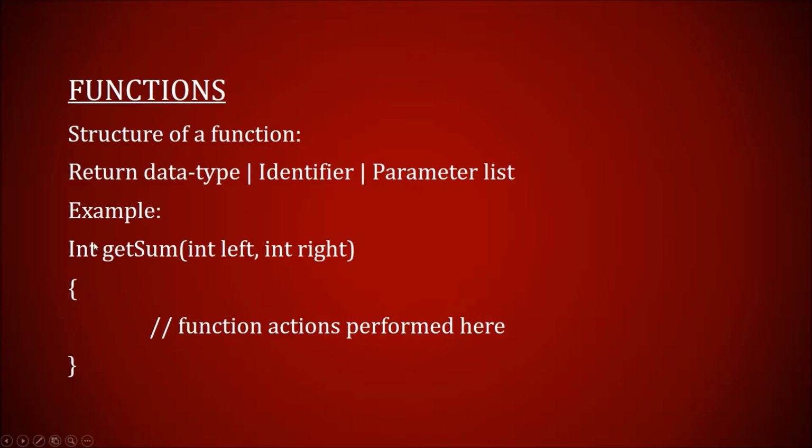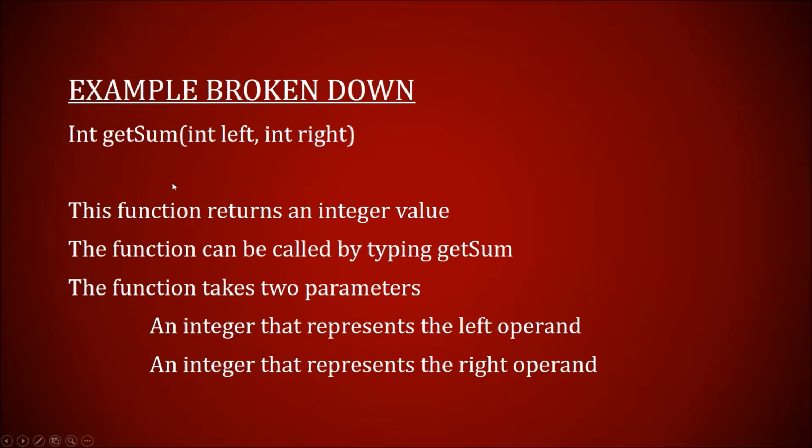So we have int as the return data type, GetSum, so we're doing some addition here, right? We're going to get the sum of the left and right integers here. And then the function actions would be performed inside these brackets. Alrighty, so let's break this down a bit. The function returns the integer value, as said before.